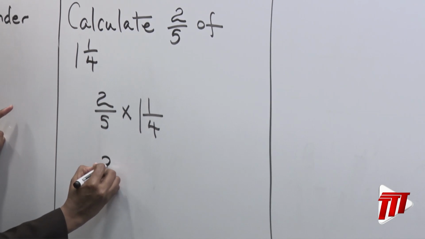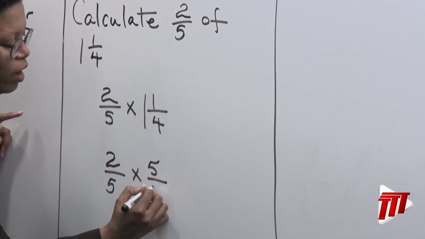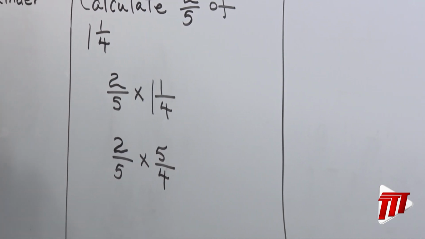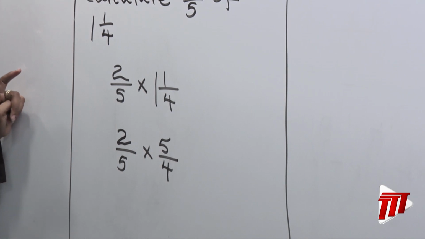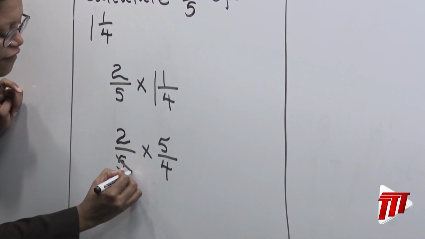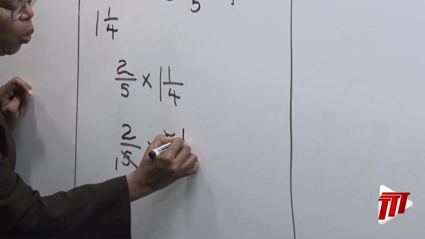This is 2/5 multiplied by 5 over 4. 5 and 5, they both have a common factor of 5. 5 divided by 5 is 1. 5 divided by 5 is 1.